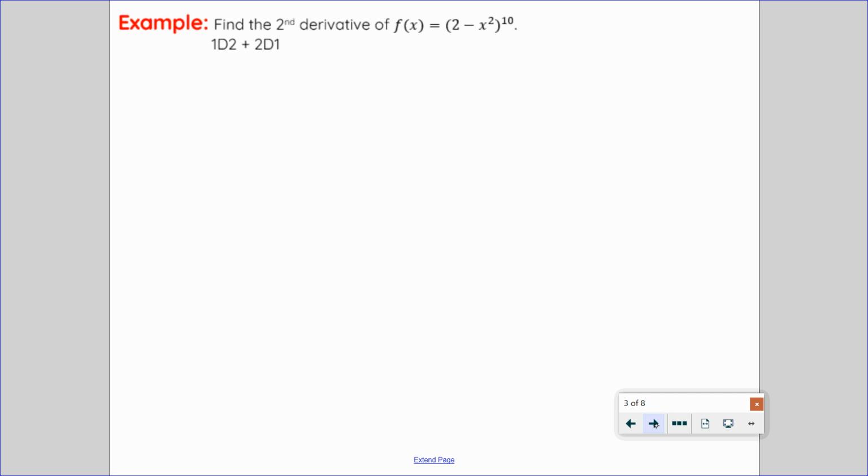So this one here we have f of x equals 2 minus x squared to the exponent of 10. I notice I have the potential for chain rule because I don't just have x on the inside, I have x squared. So first derivative, power law, bring the 10 down.